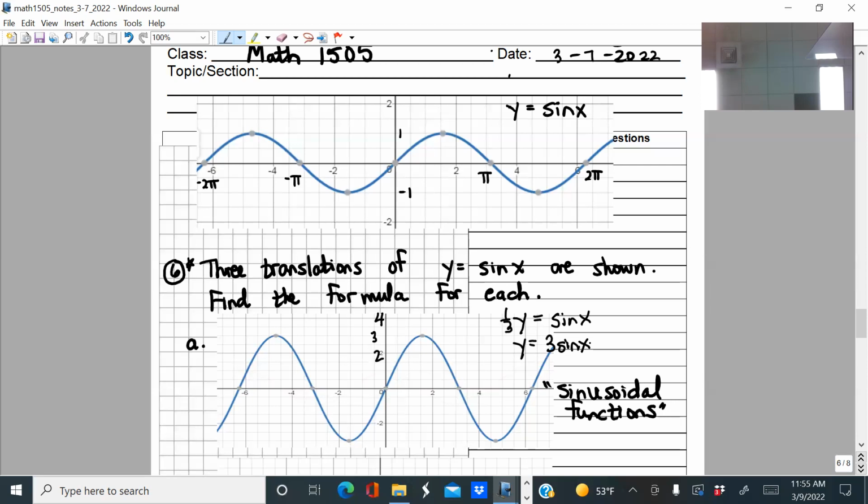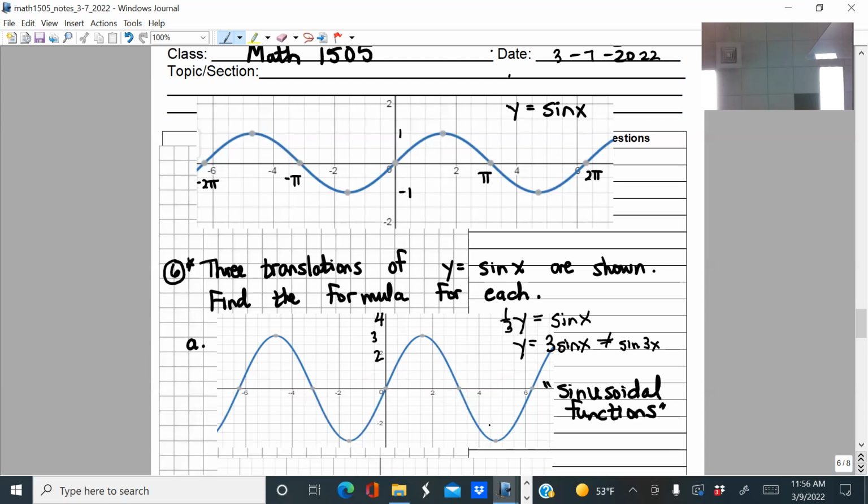If you put the 3 by the x, so if you had sine of 3x, that is different. These two things are not the same. And how is that different? What does putting the 3 here by the x do? That's also a stretch, but what kind of stretch?